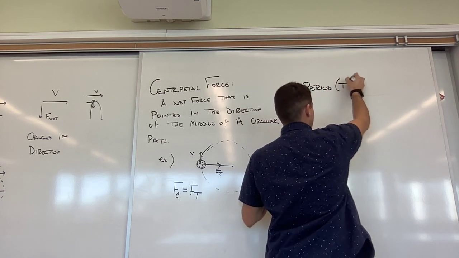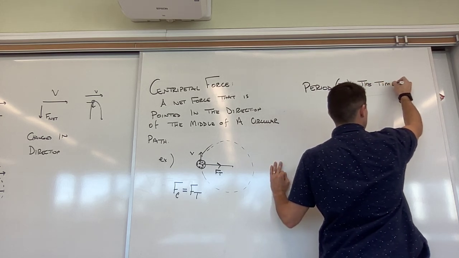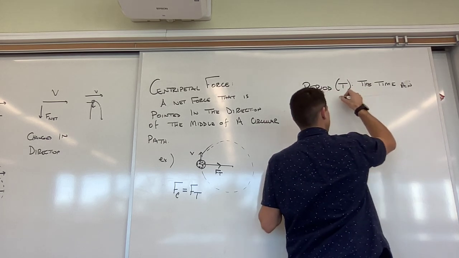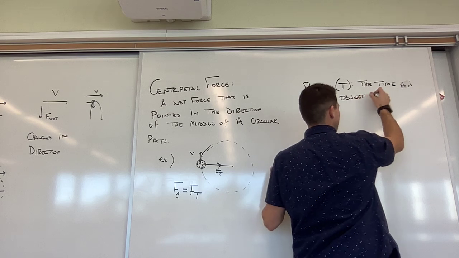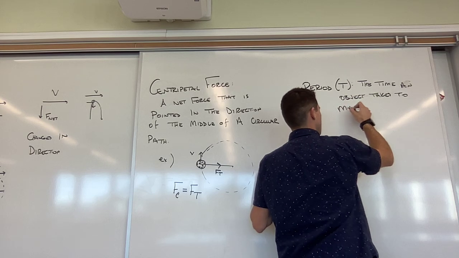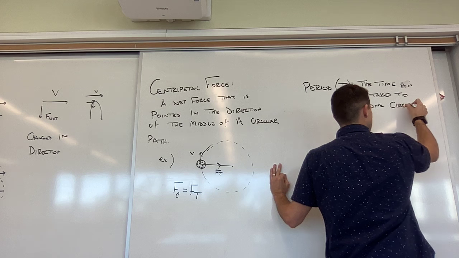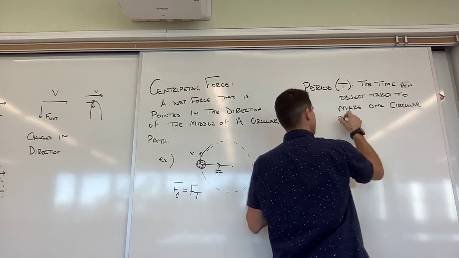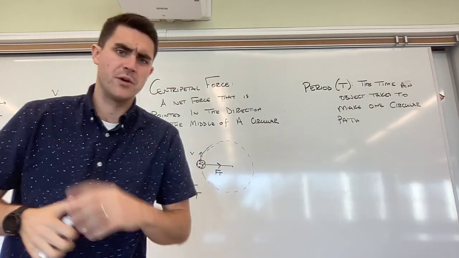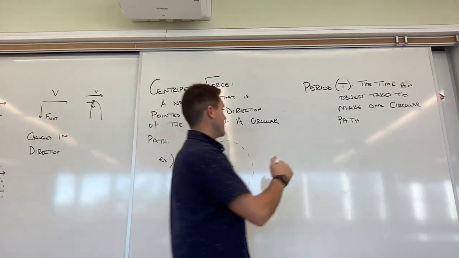It's got a variable of capital T, and it's defined as the time an object takes to make one circular path. Okay? This is our period. We can go ahead and measure the period over there if we wanted to. You can go back and measure the period on the hover puck.